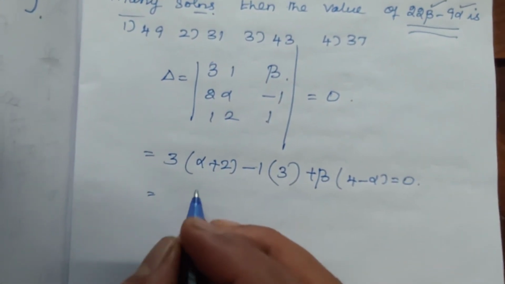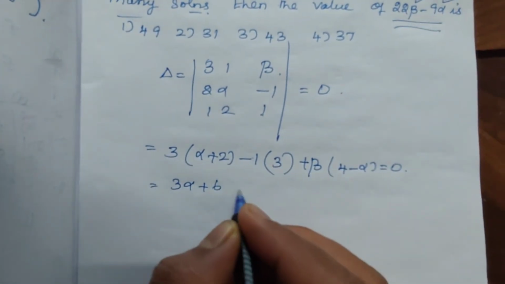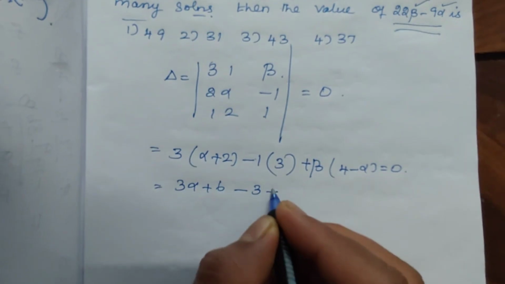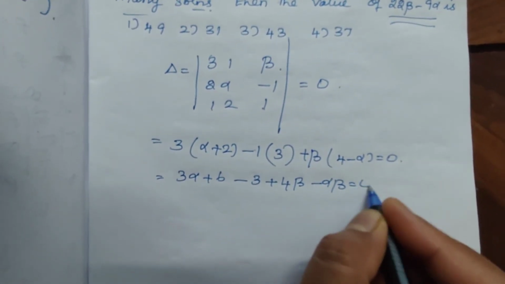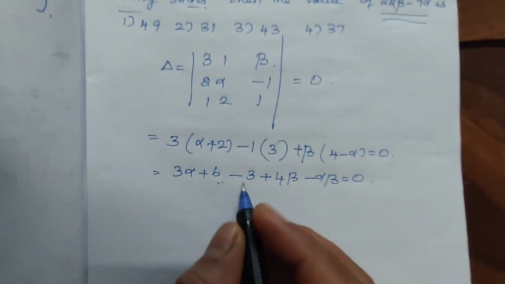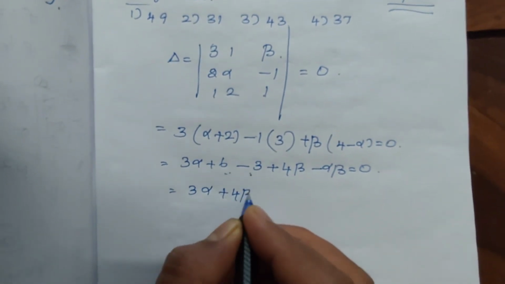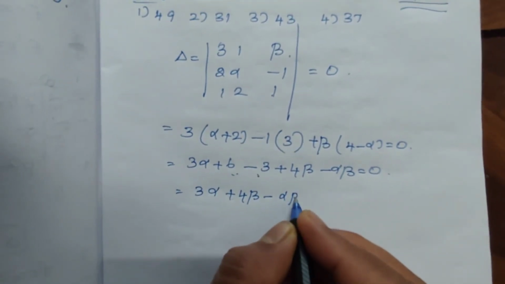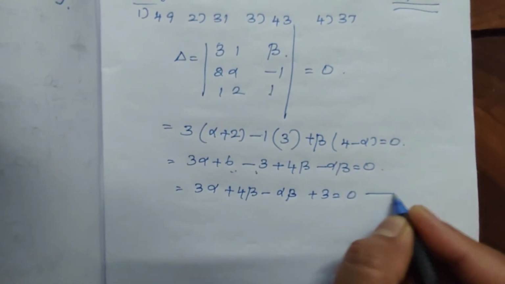So that is 3α + 6 − 3 + 4β − αβ = 0. So 6 − 3 is 3. So 3α + 4β − αβ + 3 = 0. This is the first equation.